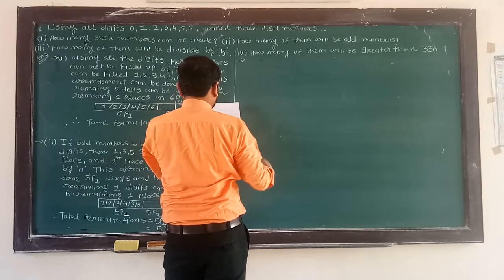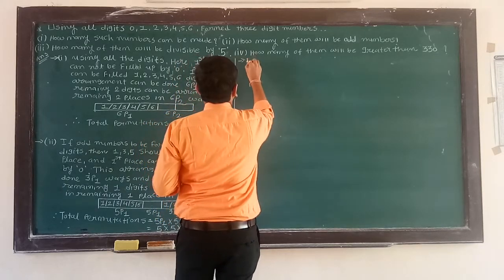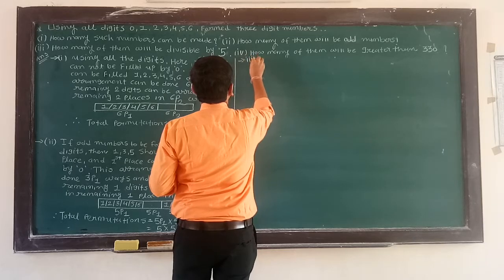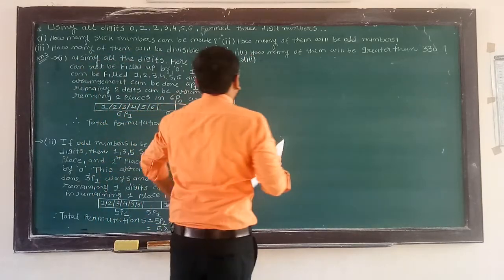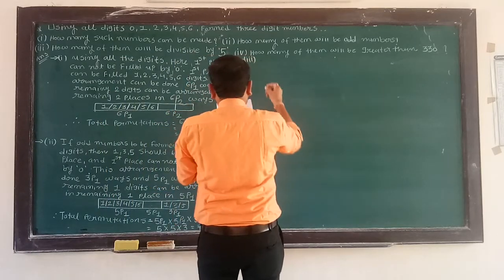In option number 3, students, how many of them will be divisible by 5? So same here.